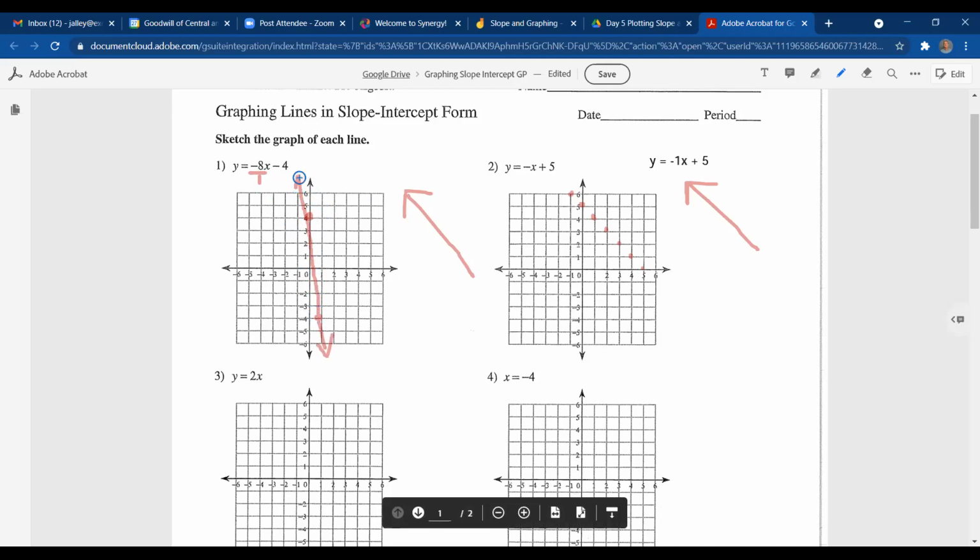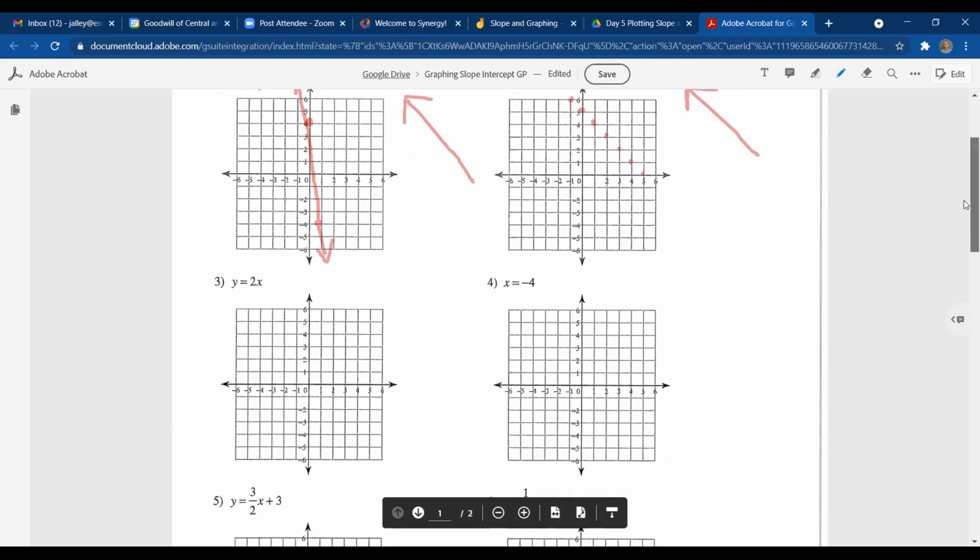Up to the left. If I put that point over here on the other side, the line's going to go the wrong direction. Questions, anybody?